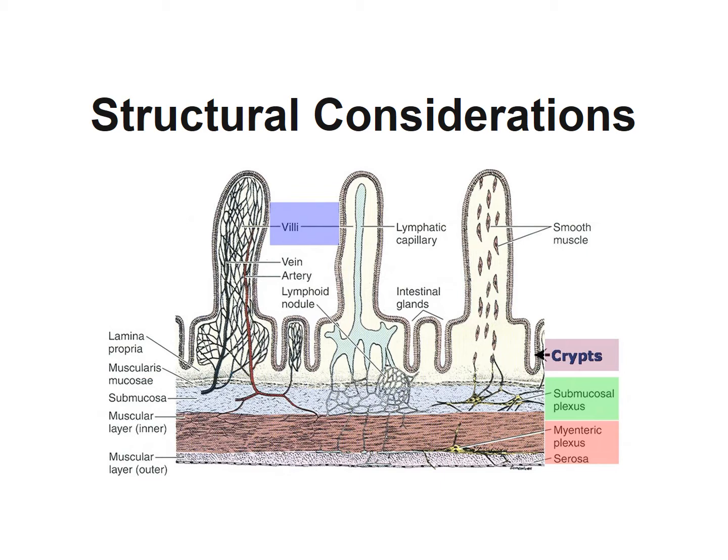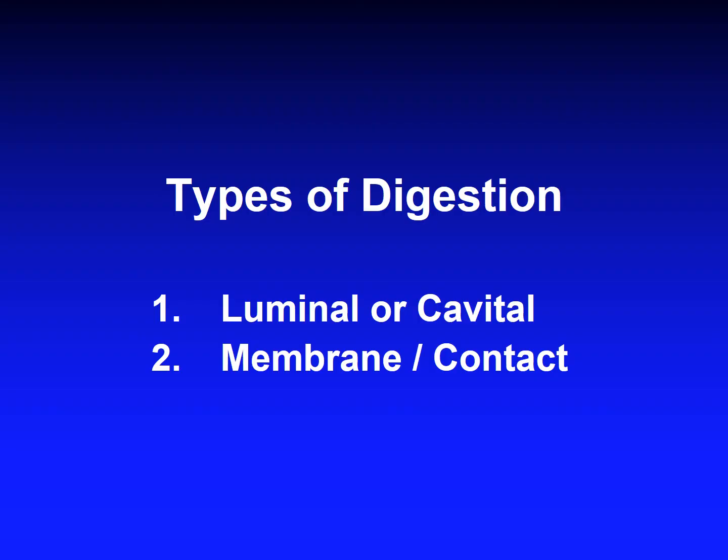Now, we will talk about the different types of digestion first. So after we looked at the type of cells and how they are organized in these villi and the crypts, now we want to see how digestion takes place. Well, there are two types of digestion.